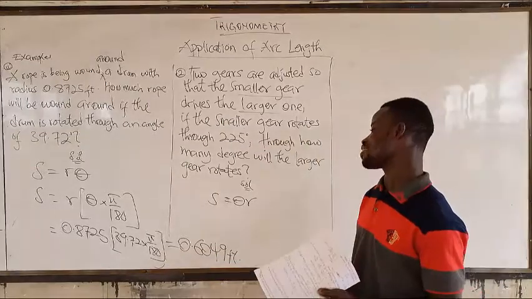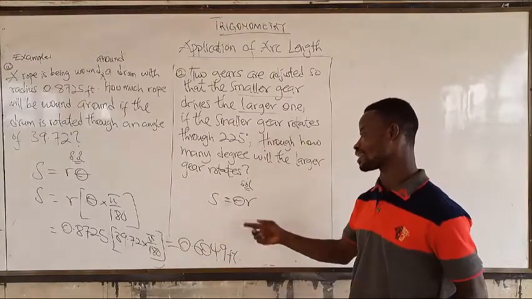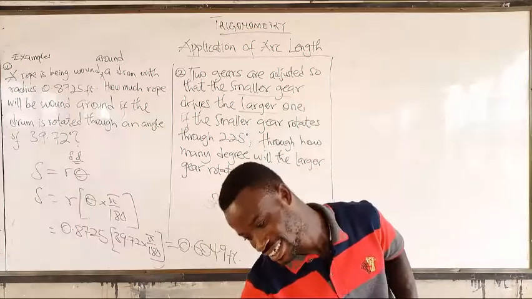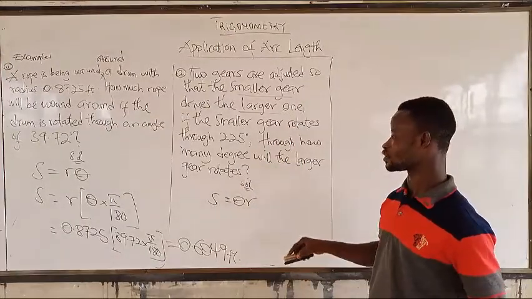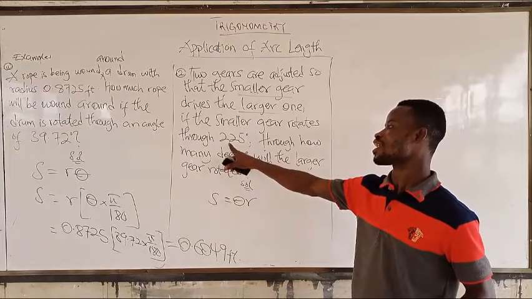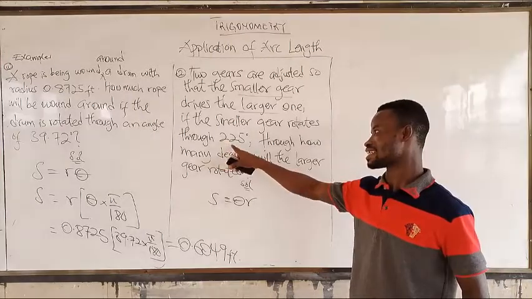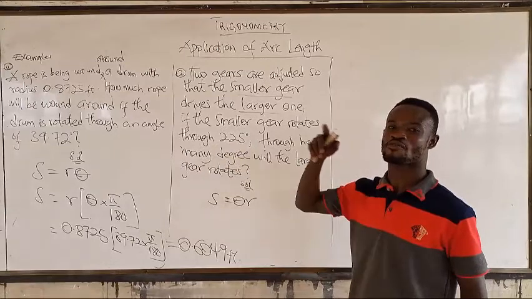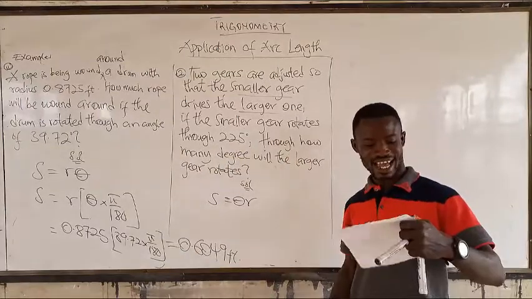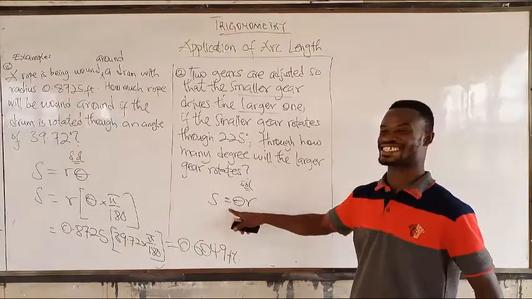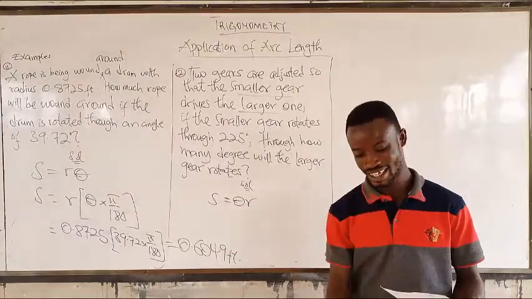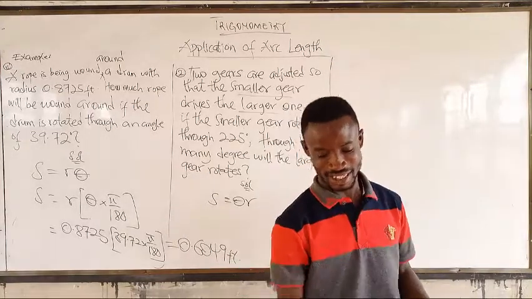Sorry, the radian measure of the angle is coming from the degrees, so we have to convert it to radians. That is the first part. I don't mean this, this is the arc length rather. Thanks for your understanding.